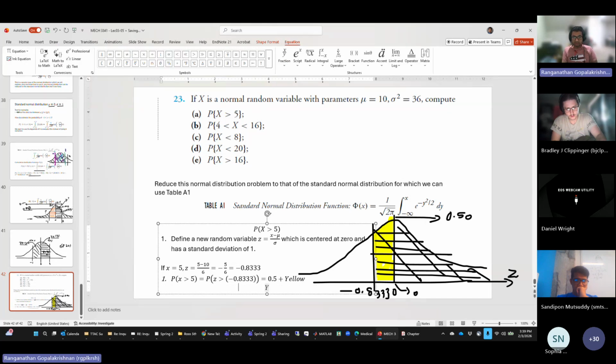The yellow shaded region's value would be the function up to 0.833, minus 0.5. Isn't that what I need?